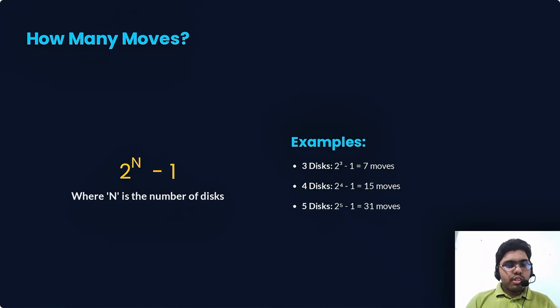For 4 disks, 2 to the power of 4 minus 1: 16 minus 1, 15 moves. For 5 disks, 2 to the power of 5 minus 1: 32 minus 1, 31 moves. You can see the number of moves is growing very quickly.